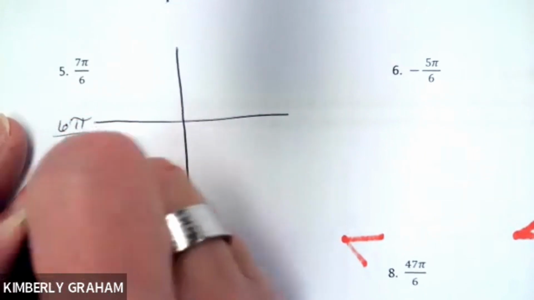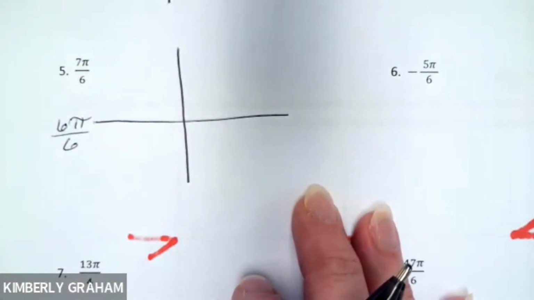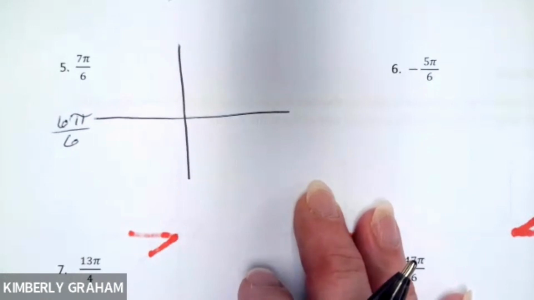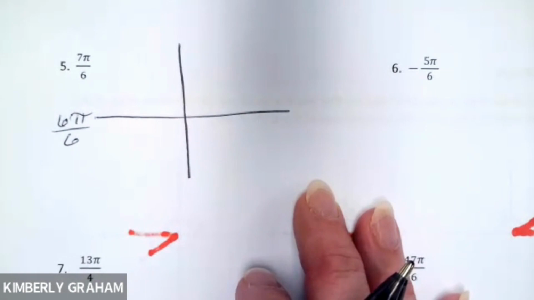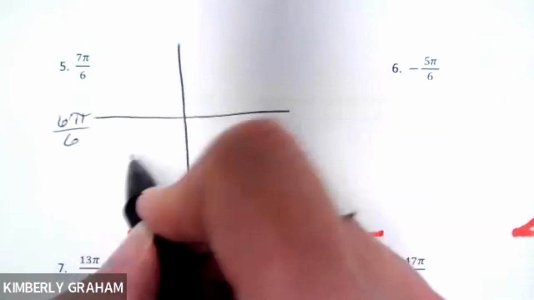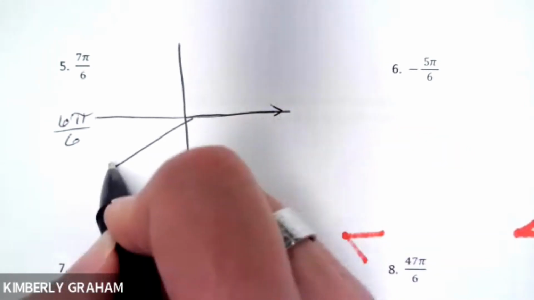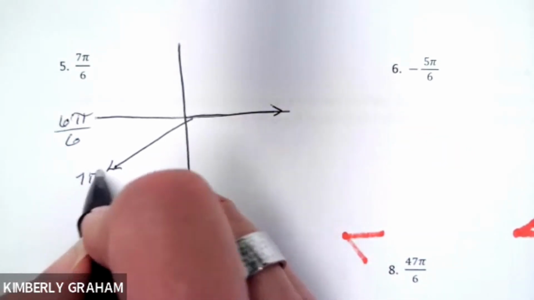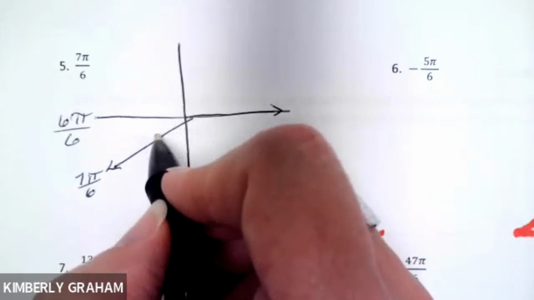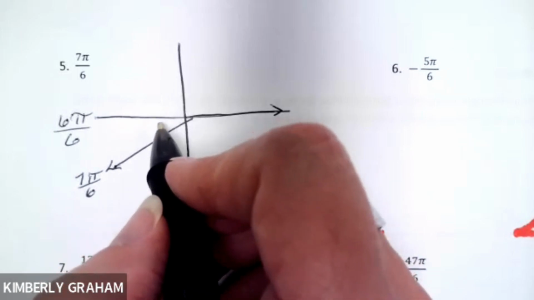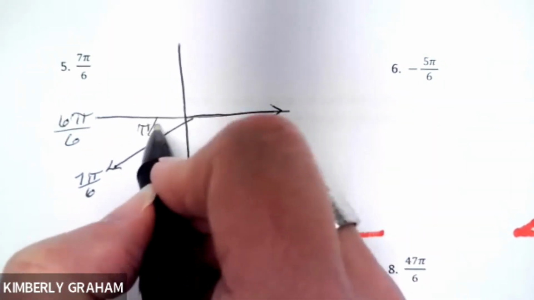I could also write this as 6 pi over 6, right? The 6 is canceled, it's just pi. So if I split this up into 6, then 7/6 is going to be over here, right? 7 pi over 6. So that means this angle in here is 1 pi over 6 or pi over 6.